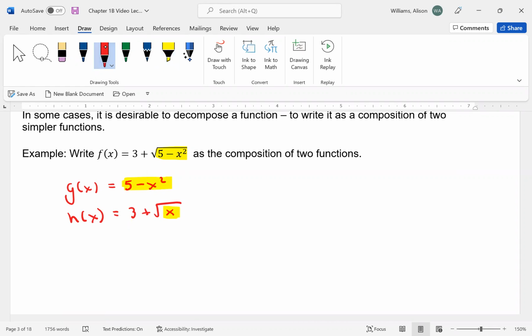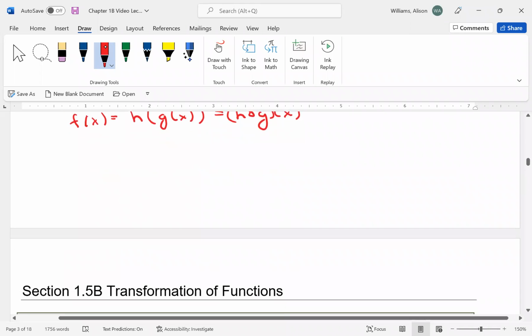So this f of x is the result of composing h with g. In other words, plugging g into h. We could write it with the other notation, which we haven't seen in a while, h composed with g of x. And that would be g of x, and that would be h of x. And that's it.